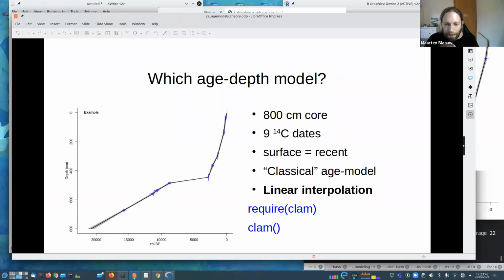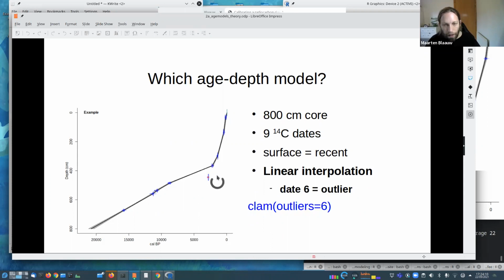But then it has a bit of a problem here in that there's a very abrupt change from very slow accumulation to suddenly very fast. And that might be a bit questionable. Is such an elbow, such a sharp change, actually realistic for such a site? Perhaps not. So you might decide then to kick out one of the dates as an outlier, because outliers and scatter do happen. Then your model is a bit more smooth, perhaps looks a bit more realistic.